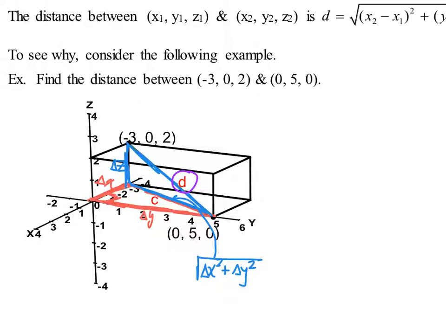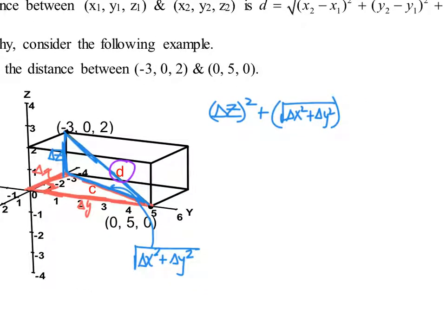I could say delta z squared, that's in blue, plus the square root of delta x squared plus delta y squared would be equal to d squared.